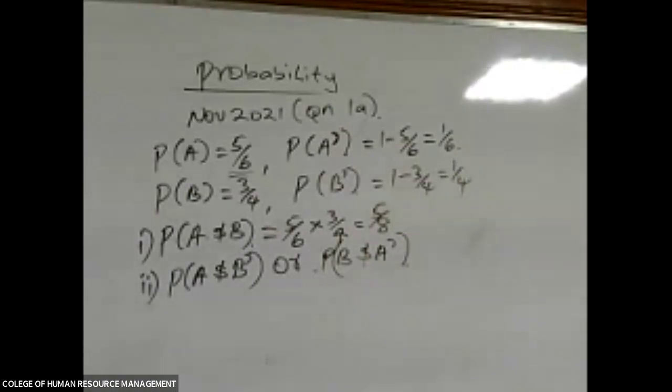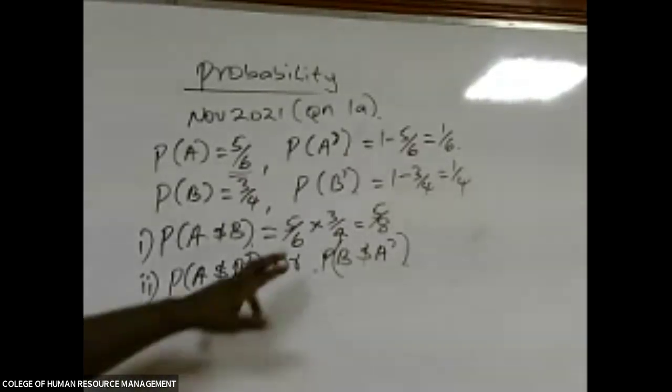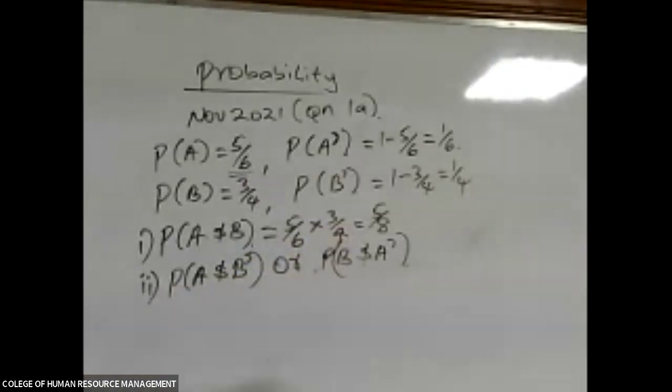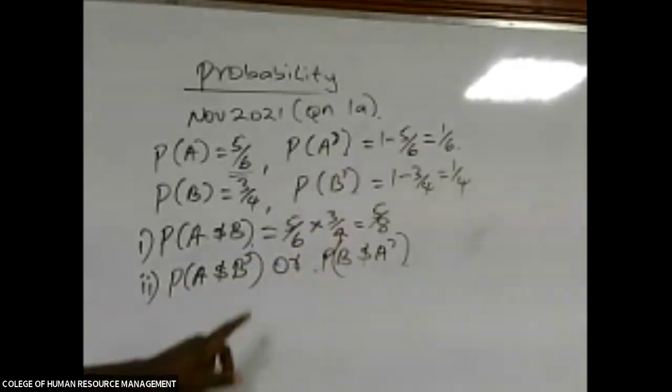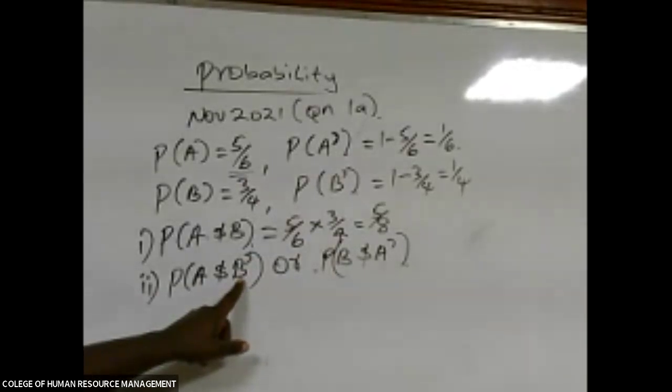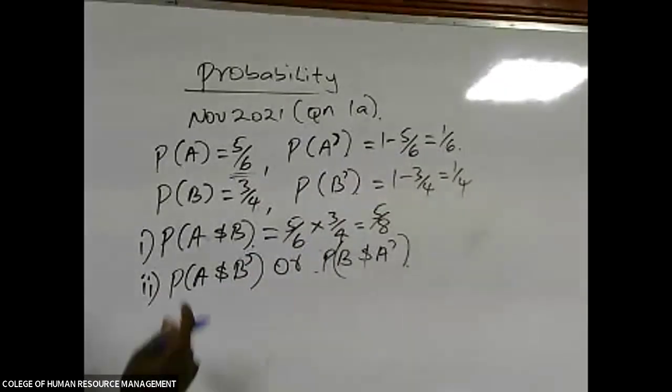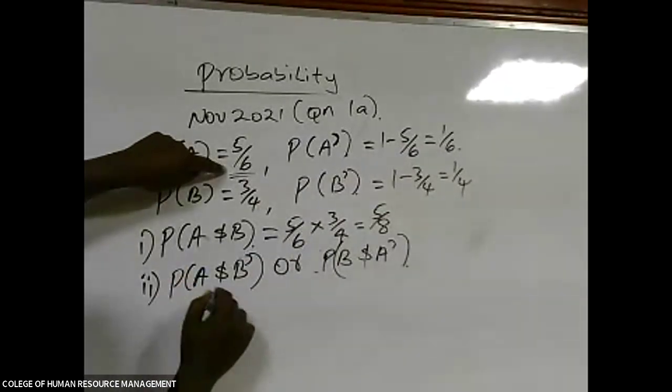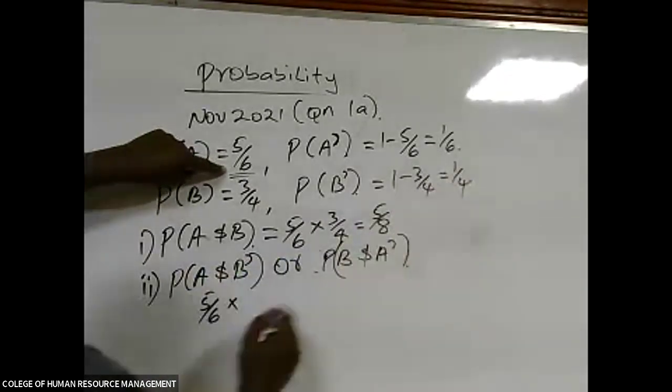It is on time in one of them. Remember, it must not be on time at both terminals, only one. So it is either in A it is on time, in B it is not on time. So A is on time, 5/6, and B is not on time, 1/4.